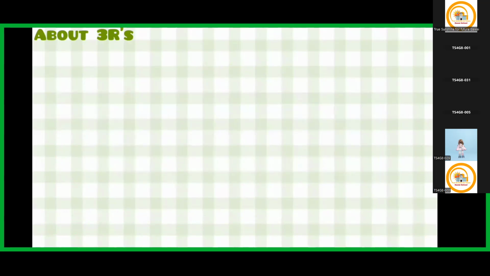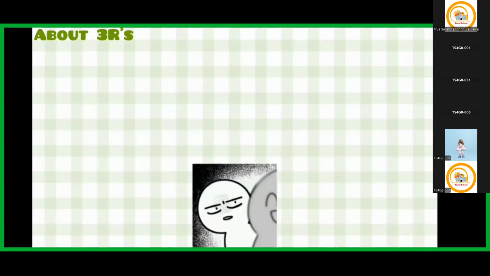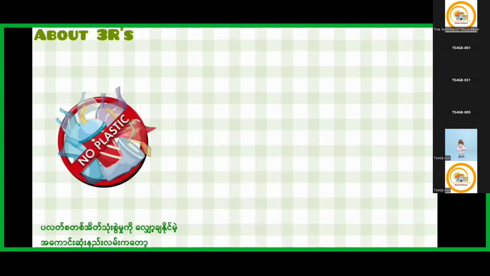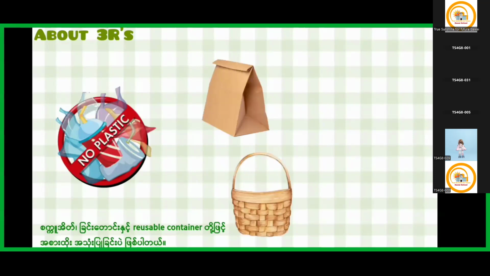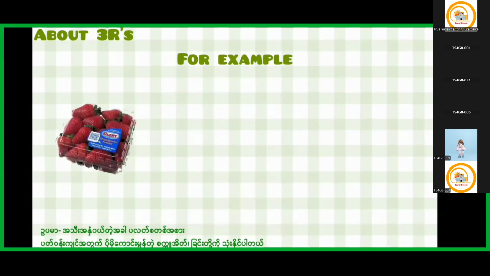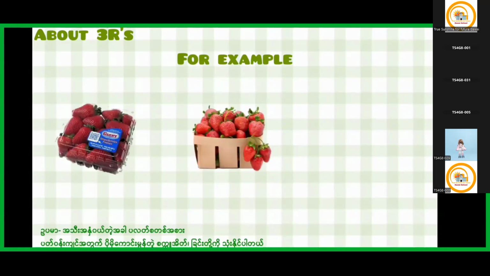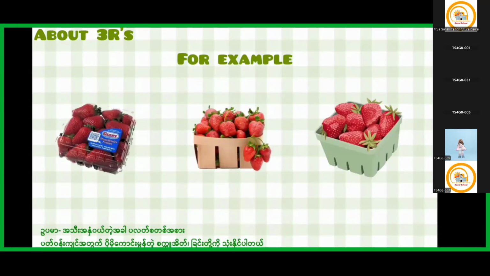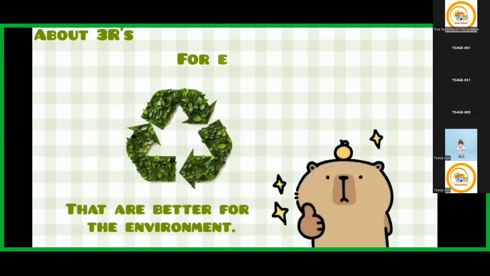The first is how to reduce. The best way to reduce the use of plastic bags is by replacing them with paper bags, baskets, or reusable containers. For example, when you buy fruit, instead of using plastic bags, you can use paper bags or baskets that are better for the environment.